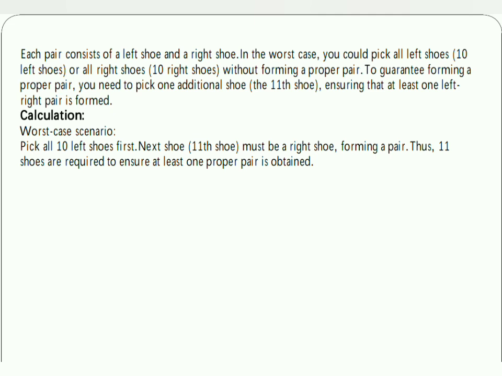So after drawing 10 shoes, if you want a pair, we have to draw another shoe, the 11th shoe, ensuring that at least one left-right pair is formed. In the worst case we pick all 10 left shoes first, and the next shoe, the 11th, must be a right shoe, forming a pair. Thus, 11 shoes are required to ensure at least one proper pair.